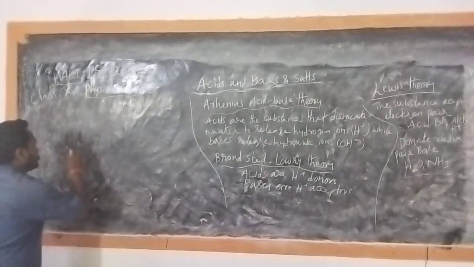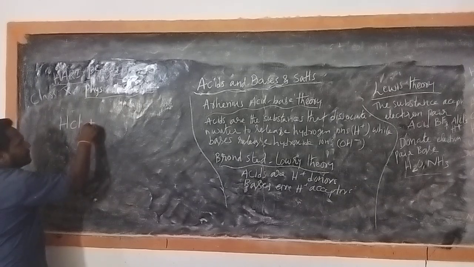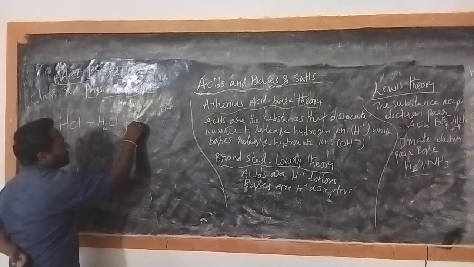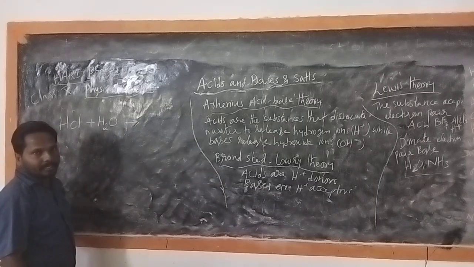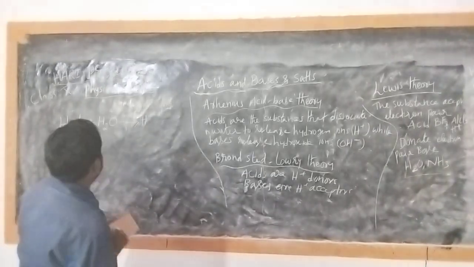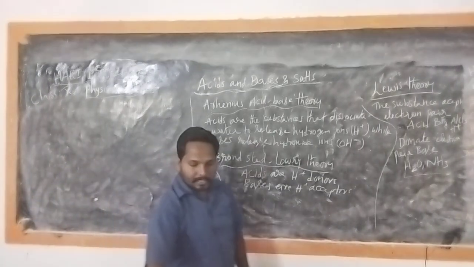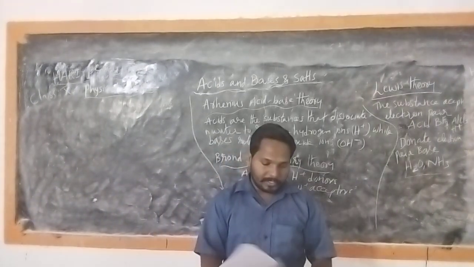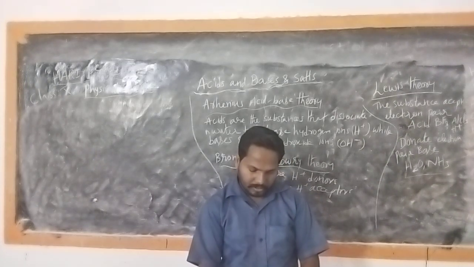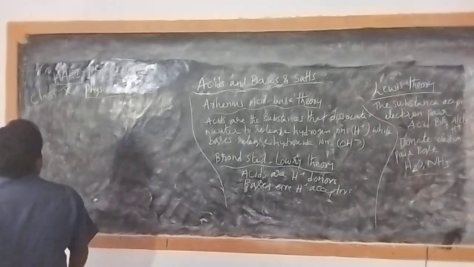For example, hydrochloric acid. When hydrochloric acid is dissolved in water, it gives H plus ions. Any substance which gives us H plus ion is called an acid.